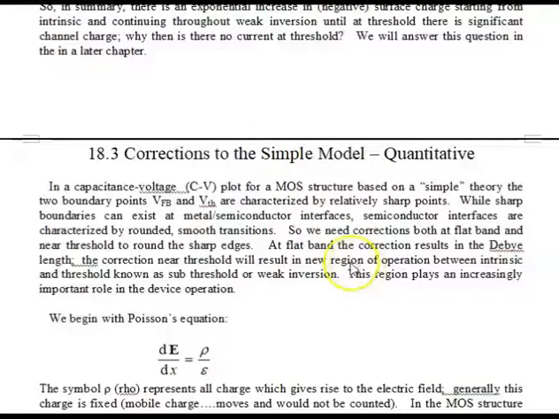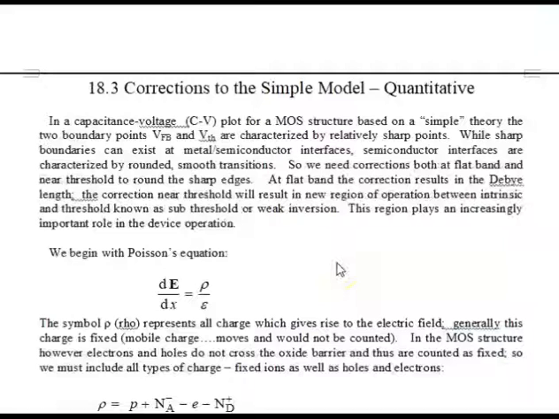Now we are ready to tackle, with no fear or trepidations, the corrections to the simple model quantitatively, not just qualitatively. And we begin with the basic tool in our toolbox, which is Poisson's equation. Notice I didn't include signs here.